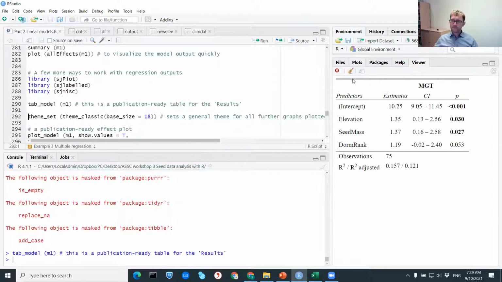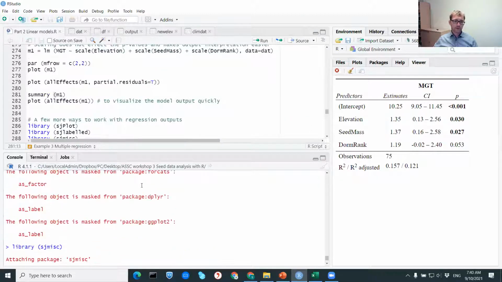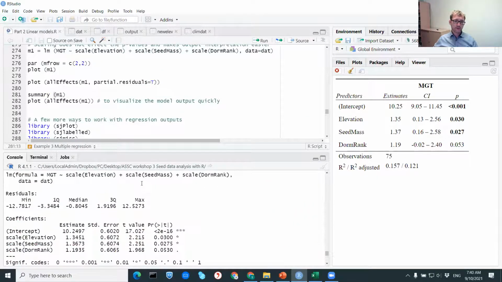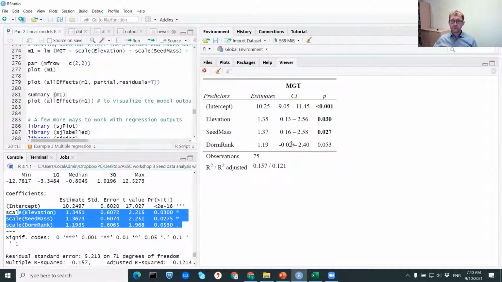One thing would be, you could plot an output from the regression using this function, tab_model. And this is basically the very same model output, right? But in a more attractive way. So you have estimates, confidence intervals, and p-values.